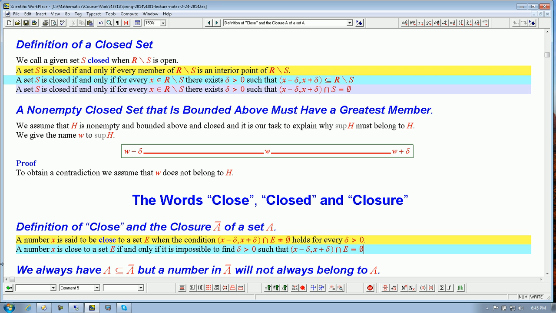Saying that this intersection is always non-empty means that it will never be empty. Are you with me?